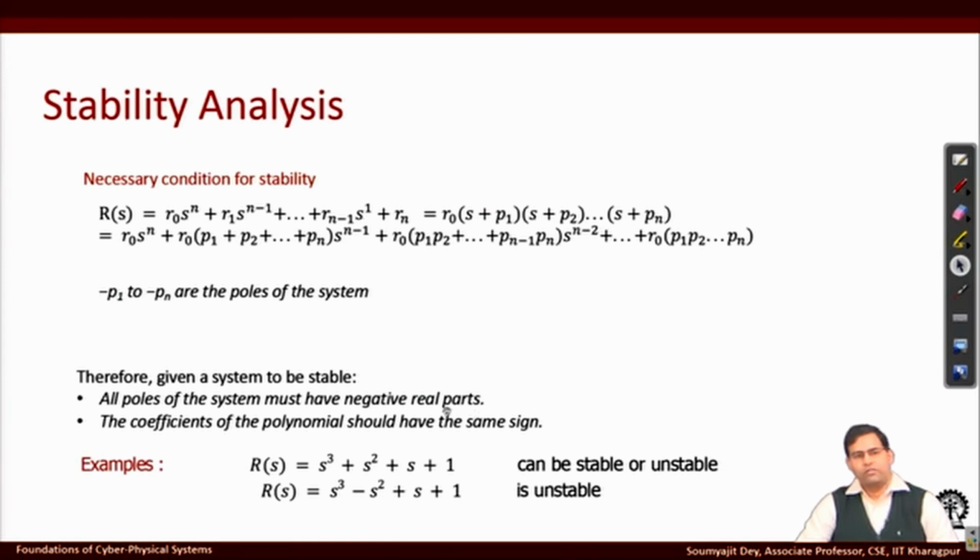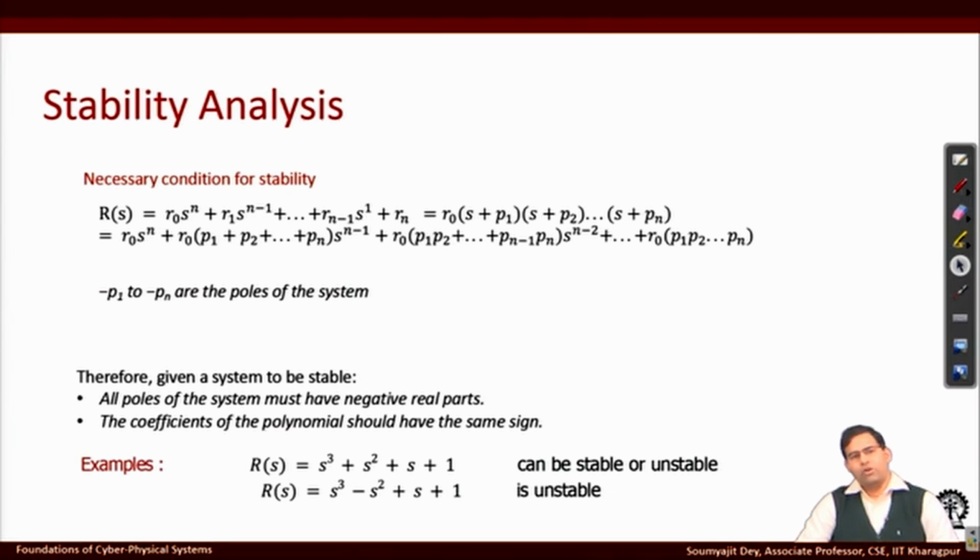As you can see, for this to happen, the necessary condition is that the coefficients of the polynomial must all have the same sign. For example, if you look at this, all the coefficients have the same sign. So, it is satisfying the necessary condition. So, I can say that this can be stable, subject to proving the sufficient condition. This is because it satisfies the necessary condition, all are having the same sign.